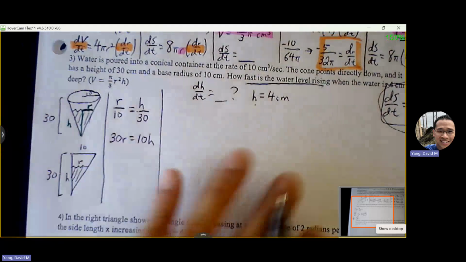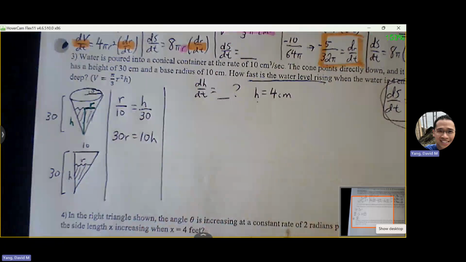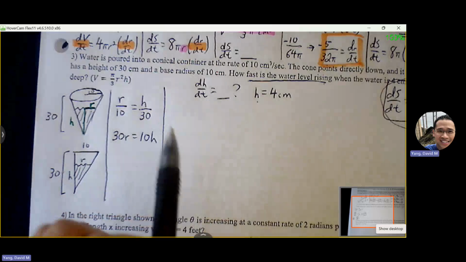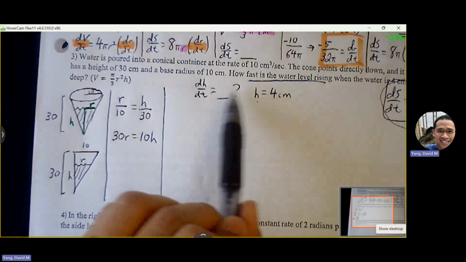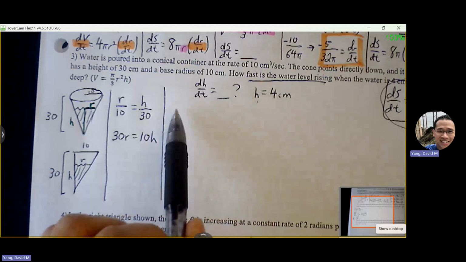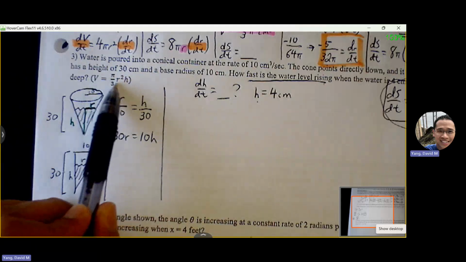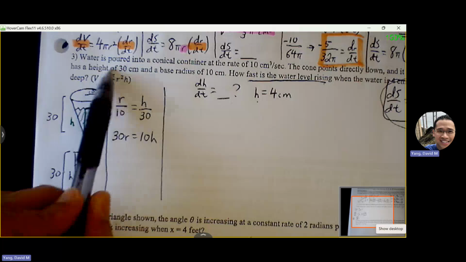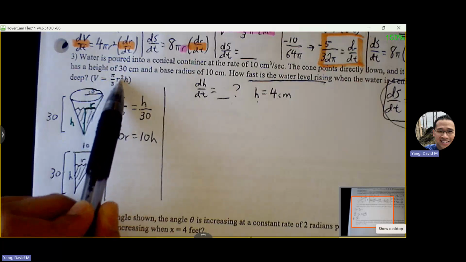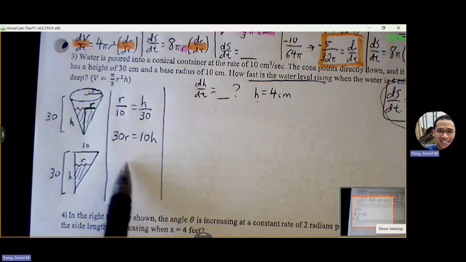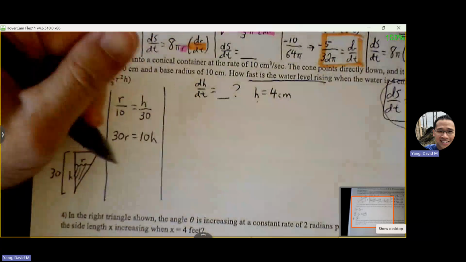So we can move a little bit quicker if we see how this information is going to help us down the road. Ideally, we would like our volume equation to be just in terms of height. We would like to find a replacement for radius. So I'm going to solve for r, so I can remove r and put something else in place of it.